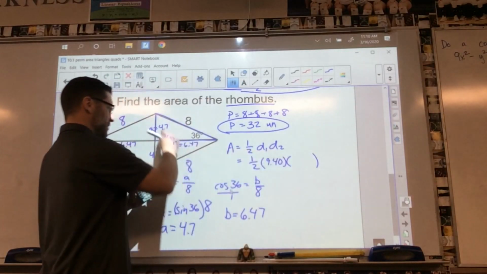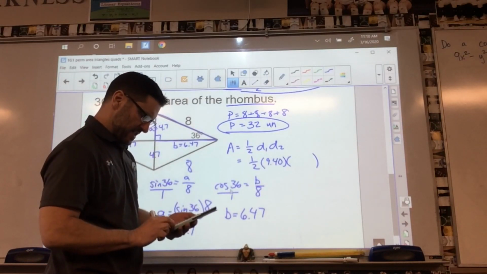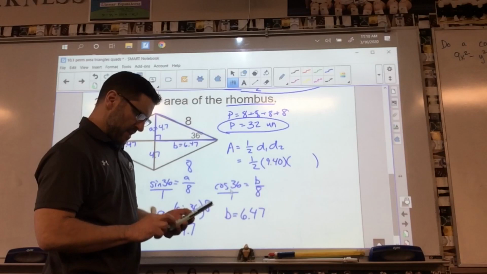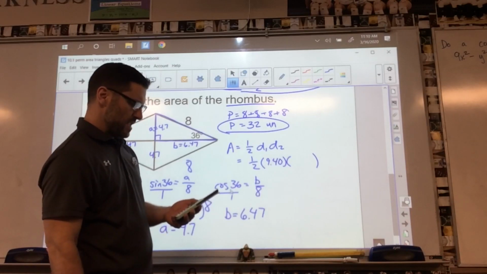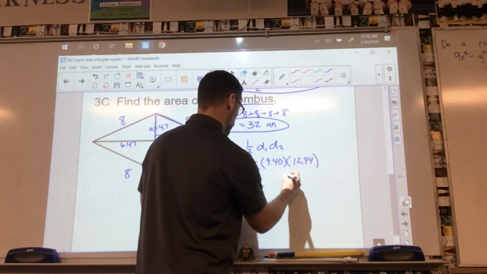And again, diagonal 1 is this whole distance. And then that's 6.47. I'm going to take that and multiply it by 2, and I got 12.94. I'll plug in 12.94 there.